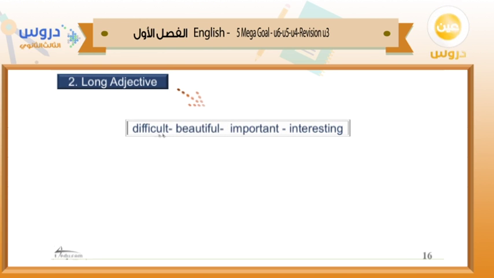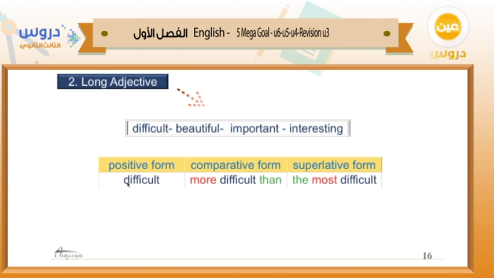Like difficult, beautiful, important, interesting. Long adjectives are the adjectives that consist of more than one syllable. For example, here, difficult. It consists of 3 syllables. So how can we form comparative and superlative forms if the adjectives are long? For example, difficult.